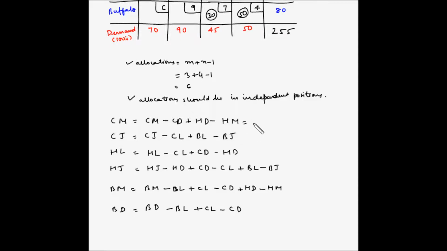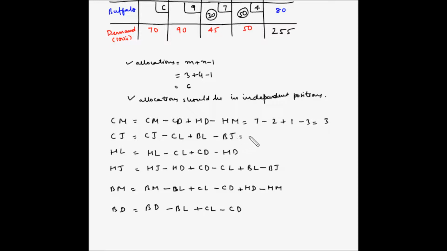So the net cost change will be 7 minus 2 plus 1 minus 3. So 7 minus 2 is 5 plus 1 is 6 minus 3 is 3.